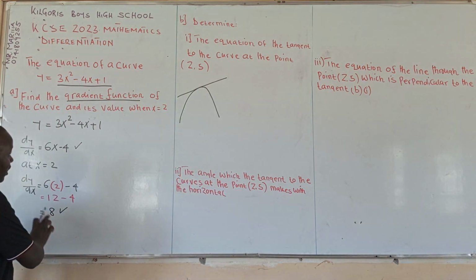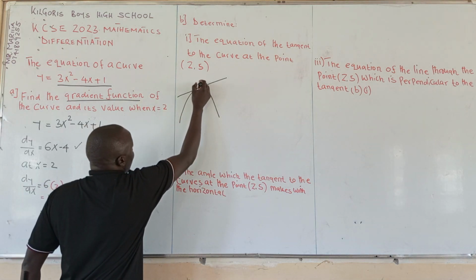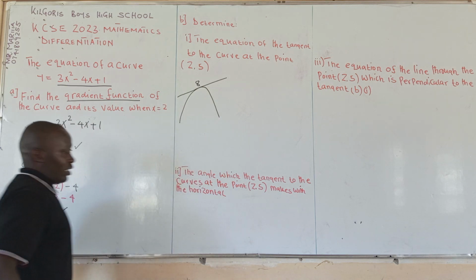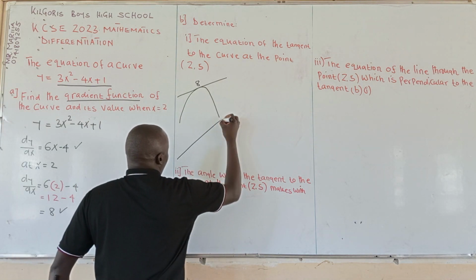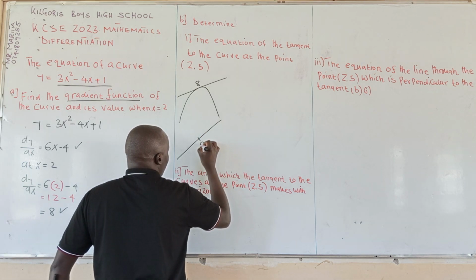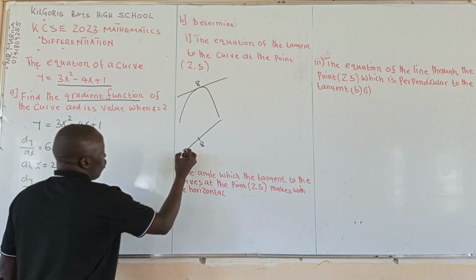We already have the gradient of this curve. The gradient of the curve at this point is equal to 8. So we can have that tangent like that, where the gradient is 8.